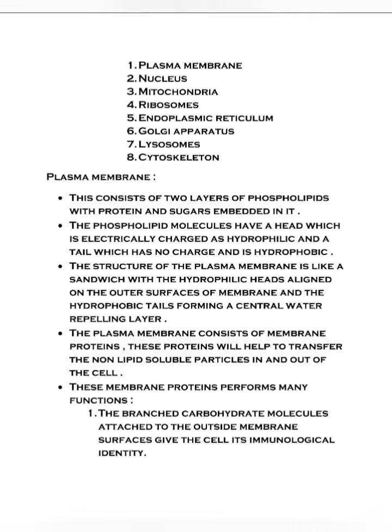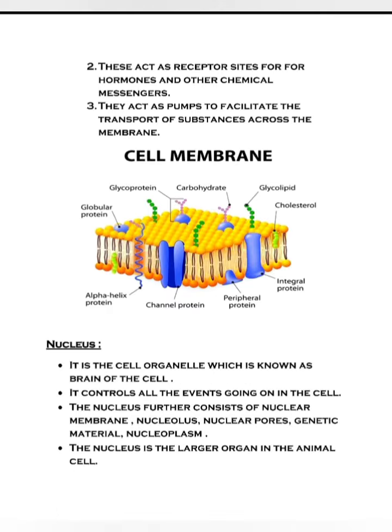The plasma membrane consists of membrane proteins. These proteins help to transfer the non-lipid soluble particles in and out of the cell. That means these facilitate the movement of the particles. These membrane proteins perform many functions, like the branched carbohydrate molecules attached to the outside membrane surfaces give the cell its immunological identity.